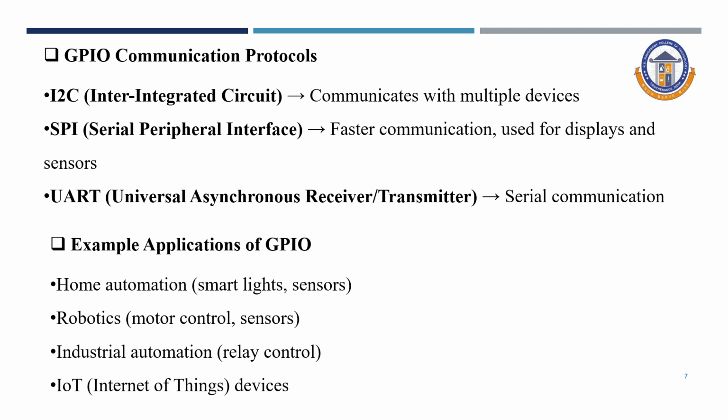This general purpose input output pin has some multi-functionality. Sometimes it acts as a communication protocol, I2C, the inter-integrated circuit, which communicates with multiple devices inside the PCB board, and then the serial peripheral interface, SPI, for faster communication, usually used for displays and sensors, and UART.